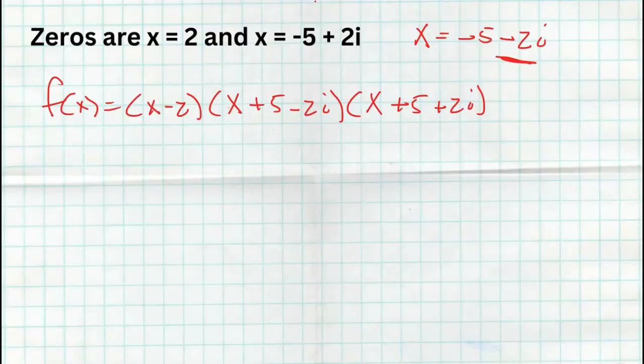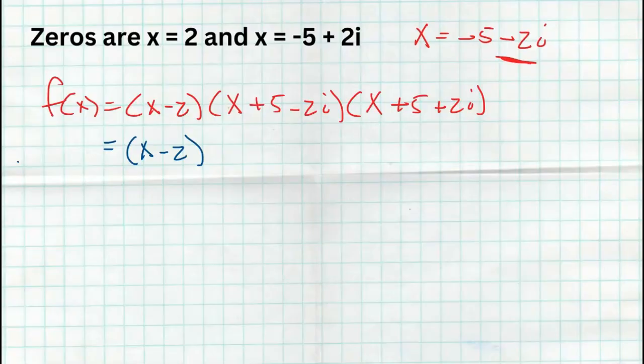Now, this looks really ugly, and you might be thinking, well, that can't be a polynomial. Well, actually, it can. When you multiply this out, it's going to take a minute to do, but it's actually going to work out to be kind of an innocent-looking polynomial that does have these zeros, 2 being the real 0, and then these 2 complex imaginary zeros.